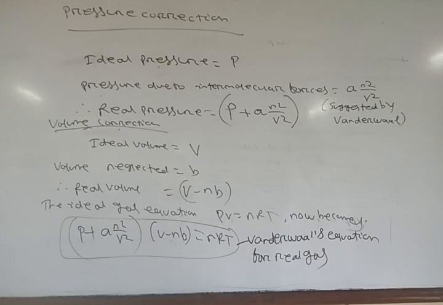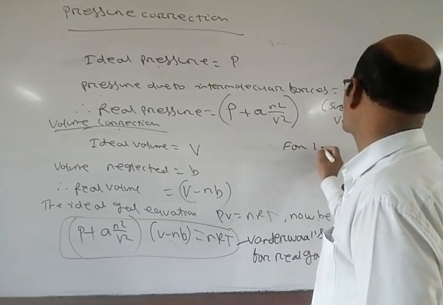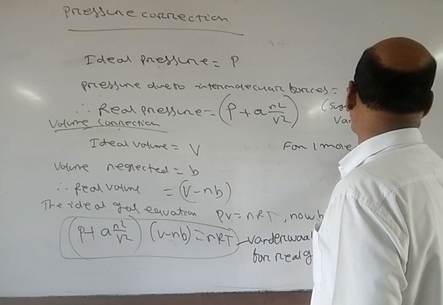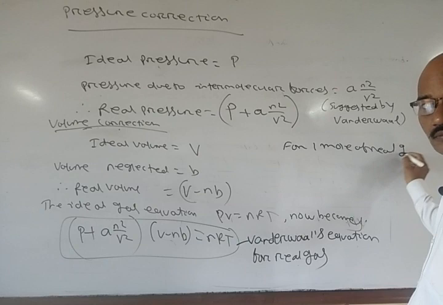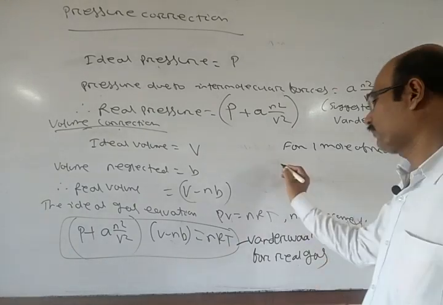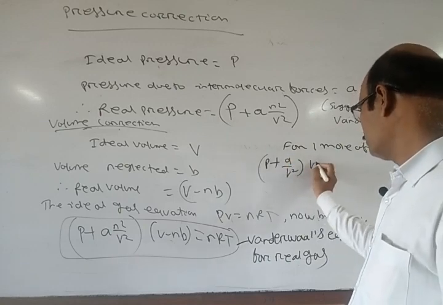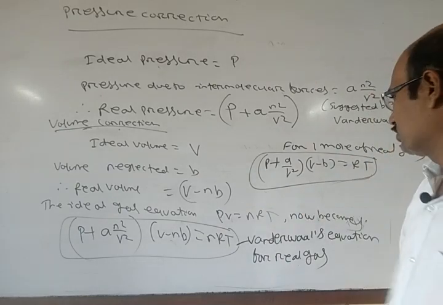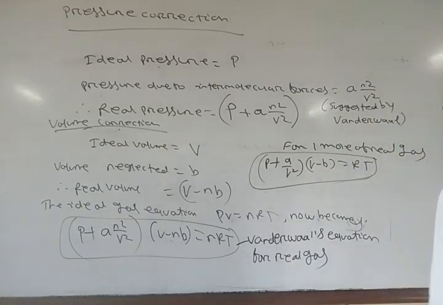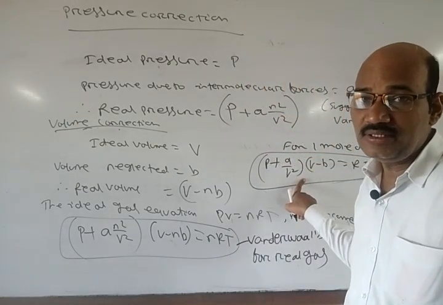Okay. So if you consider 1 mole, P plus a by V square, times V minus b, equals RT. This is the Van der Waals equation for 1 mole of a real gas.